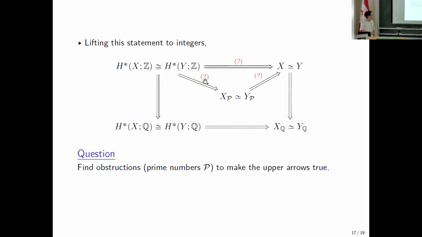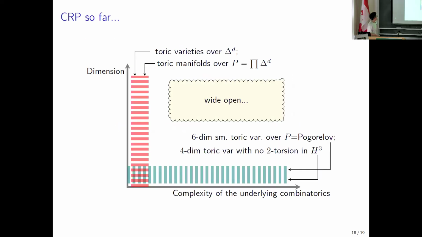Okay. So let me just summarize all the results which we have so far. The way I approach this cohomological rigidity problem is that I am somewhere in this map, right? We start from the origin, and then either we can think of the complexity of the underlying combinatorics, or we can increase the dimension.